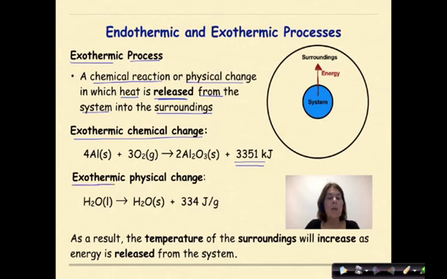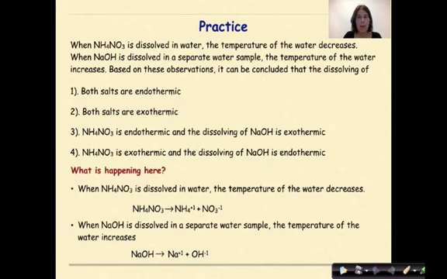An exothermic physical change could be liquid water releasing 334 joules per every 1 gram of liquid water to form ice. This is an example of a physical change that is exothermic. As a result, the temperature of the surroundings will increase, which we could measure with a thermometer, as energy is released from the system.